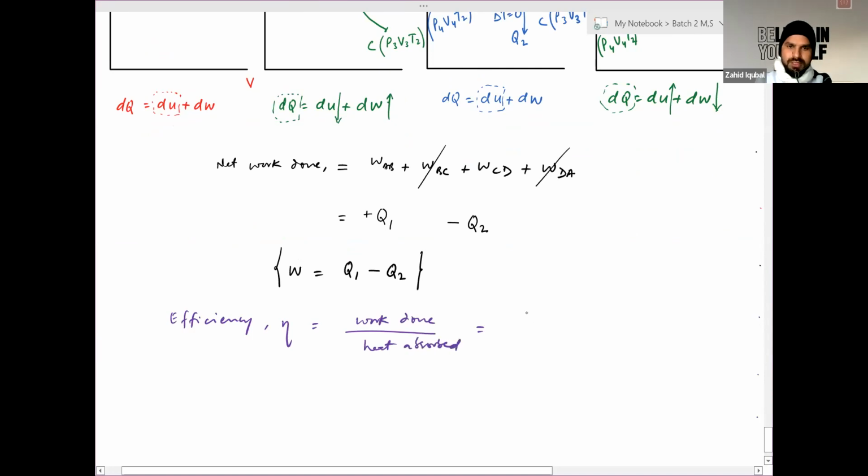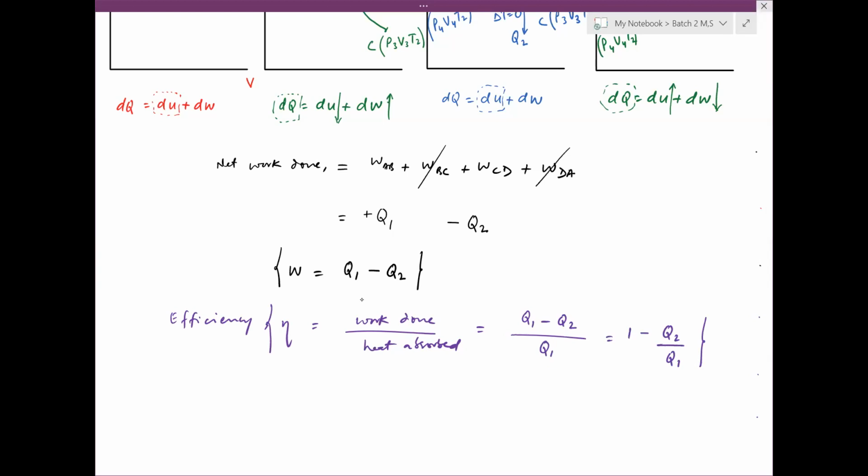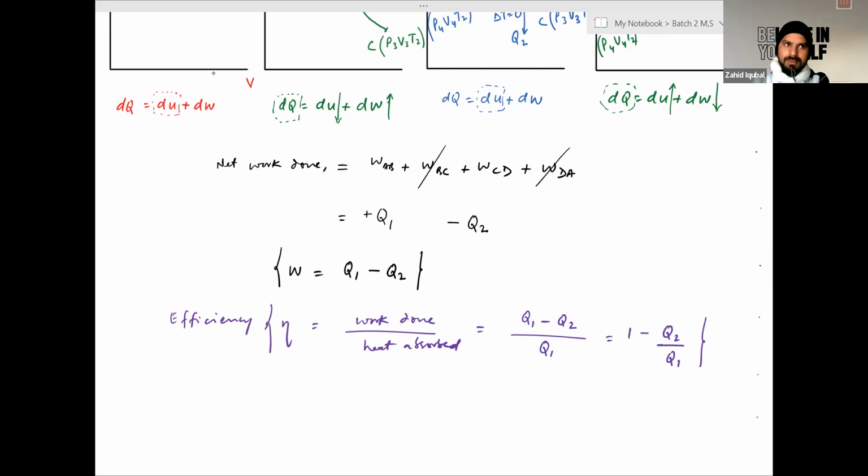Work done is Q1 minus Q2, and heat absorbed by the system is Q1. On solving, you will get 1 minus Q2 divided by Q1. Is it clear? Arslan, any doubt? Okay, just write it down.